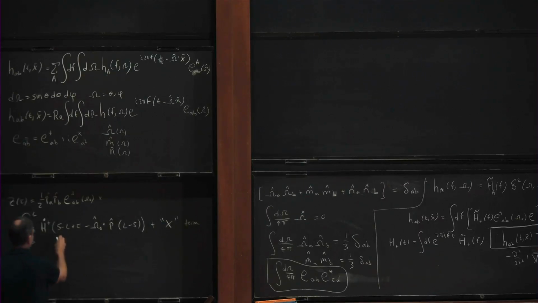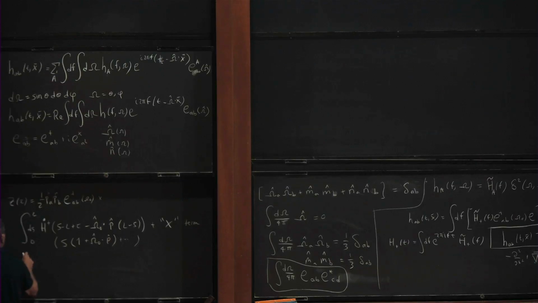If I rewrote this argument, I could write it as s times 1, that's from there, plus omega 0 hat dot p hat, plus the constant term that doesn't depend upon s. So when I integrate this, I'm going to get a factor of 1 over 1 plus omega 0 hat dot p hat coming out. So let me just write down the answer.